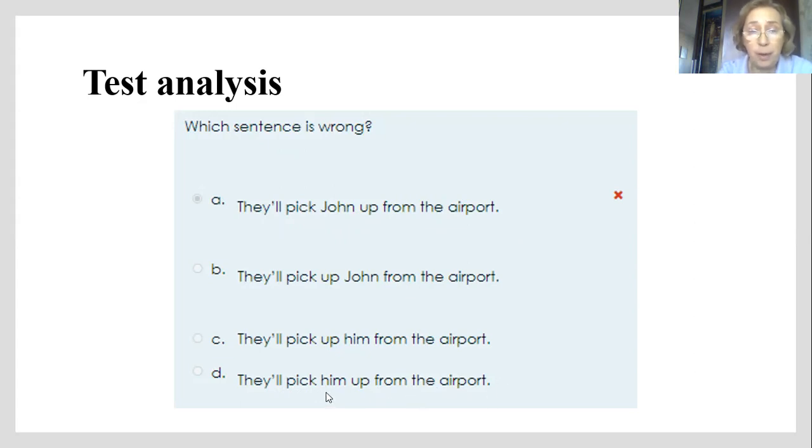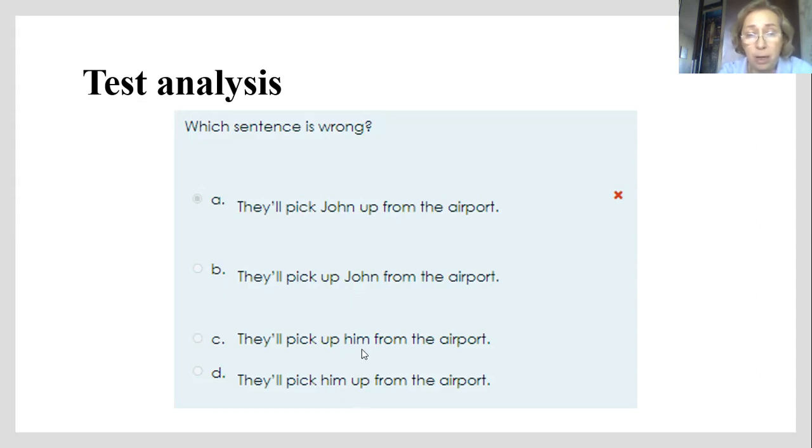And you remember that there is a rule that if we replace a noun with a pronoun, the pronoun should be used between the verb and the particle, if the phrasal verb is separable. We can use John in between pick and up, or after pick up, like in sentence B, they'll pick up John.